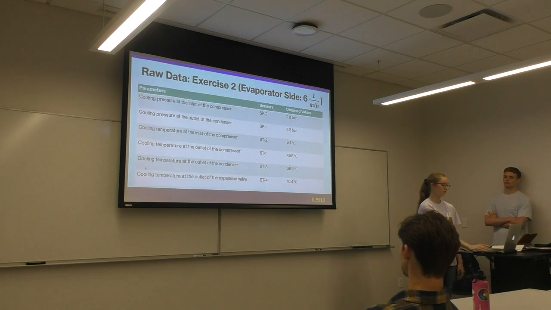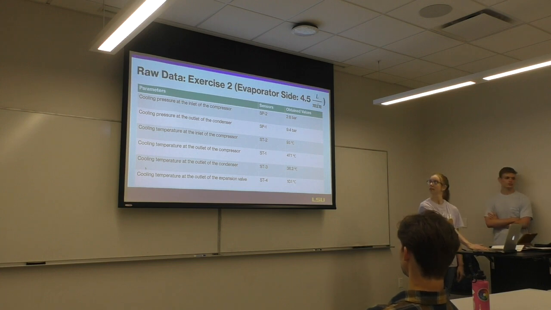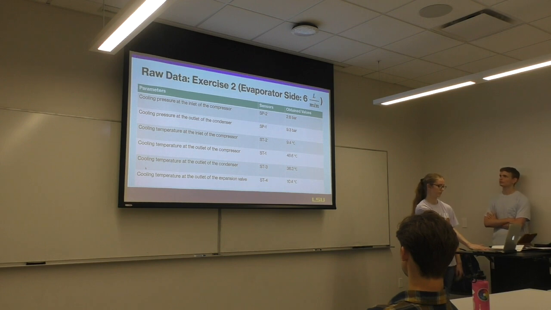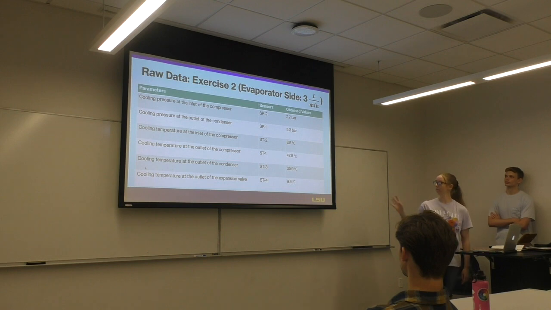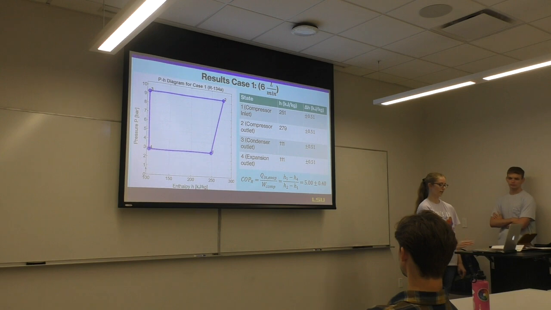From exercise 2, here's the raw data, and this was at the different flow rates, so we started with 6 liters per minute, then 4.5 liters per minute, then 3 liters per minute. There wasn't much difference in the pressure and the temperature, and that results in the graphs being pretty similar for each one.